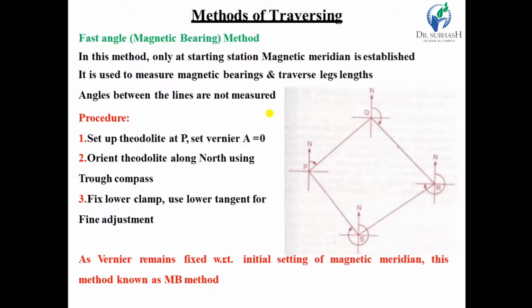First, we have to set up the theodolite at P and set vernier A to 0. Orient the theodolite along the north using the trough compass. Fix the lower clamp. Now use the lower tangent for fine adjustment. As the vernier remains fixed with respect to the initial setting of the magnetic meridian, this method is also known as the magnetic bearing method.